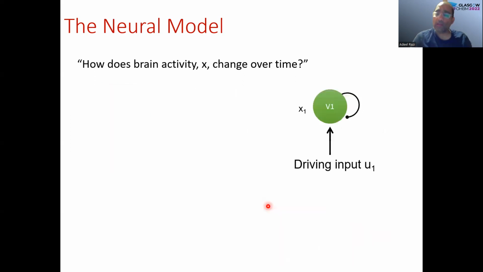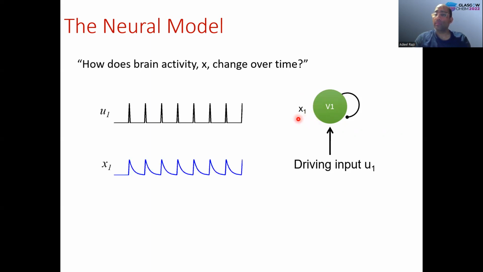Let's start with a very simple one-region DCM: the primary visual cortex V1. There's a driving input U1, the visual stimulus which is entering, and X1 is the activity in this brain region V1. Now we want to write down the change in activity in X1 over time.